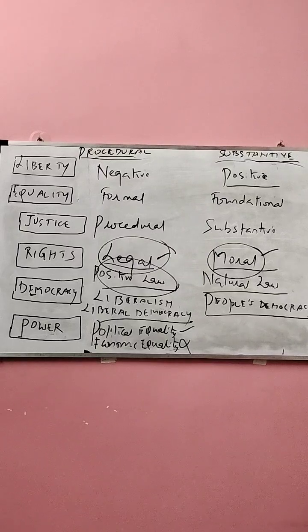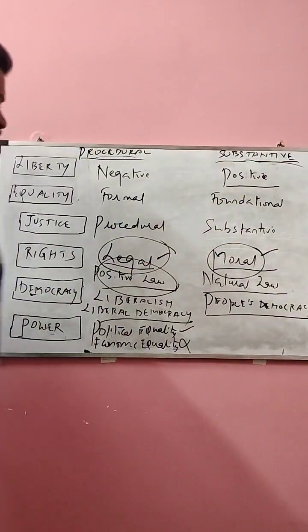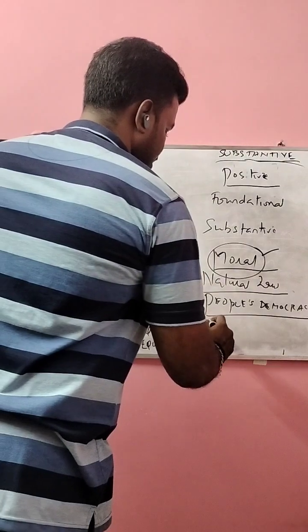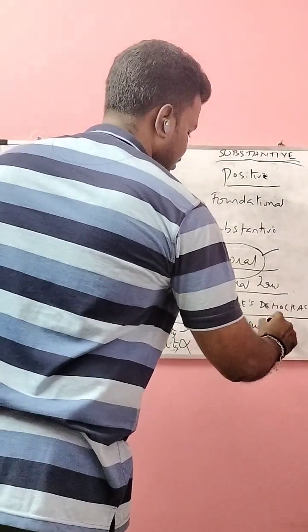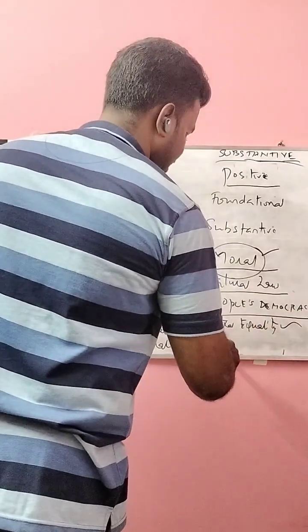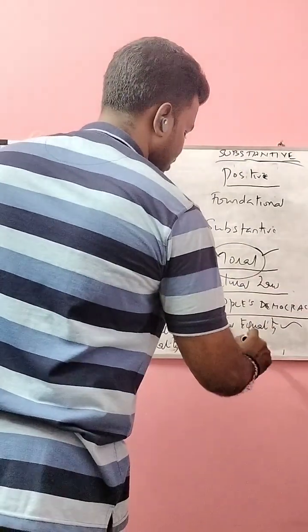They will laugh at the liberal democracy. Mao saw liberal democracy as a sham democracy, fake democracy, false democracy. On the other hand, people's democracy or substantive democracy argues for political equality as well as economic equality. Got it?